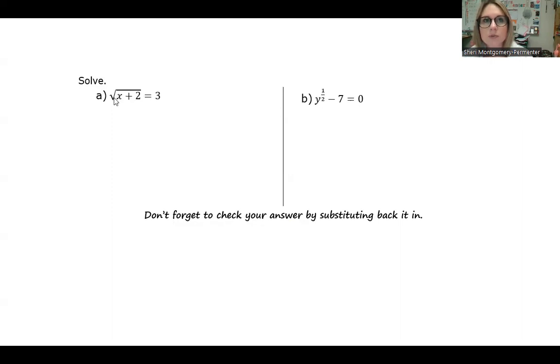So to undo a square root, what do I do? Square. And so remember, we got to do it to both sides. So I need to square this side and square this side. When I do that, the square root will cancel. And what's 3 times 3?